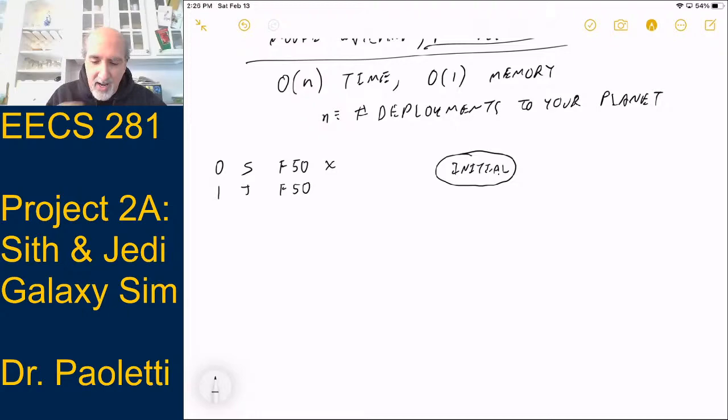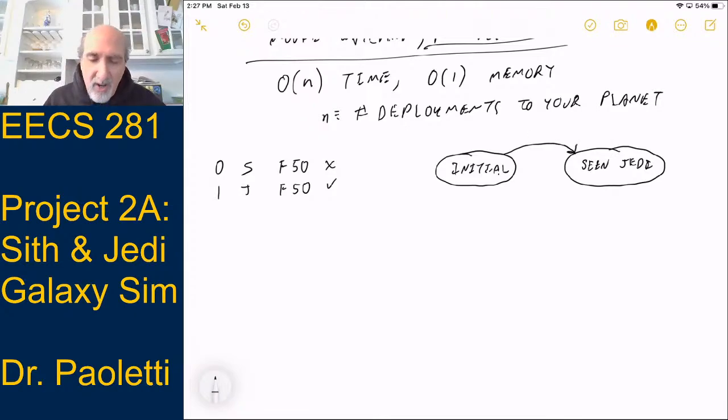When we see that Jedi, I've got to remember the timestamp and the Force sensitivity of this Jedi. And I'm going to have to change my state. So my state is going to change to, let's call it the Cena Jedi state. Okay, I'm in the Cena Jedi state.